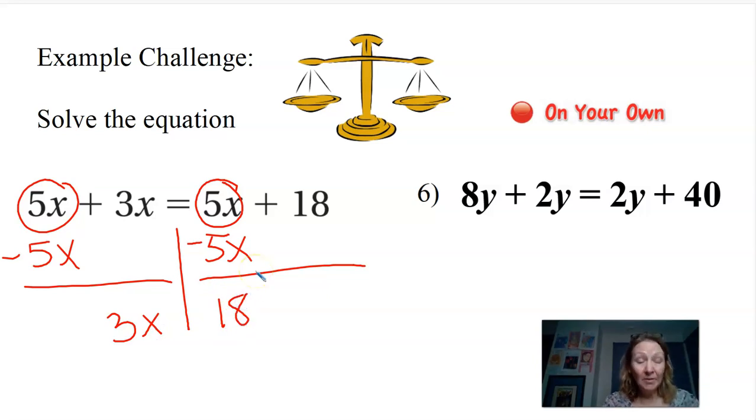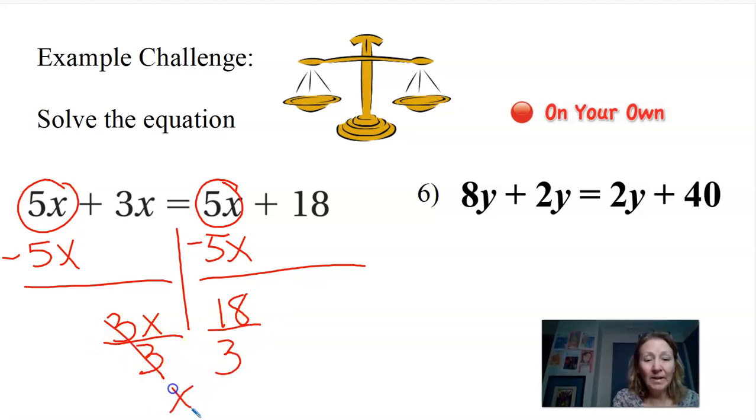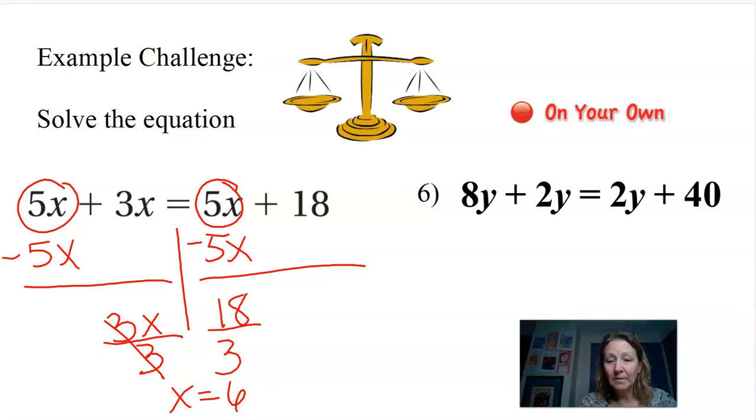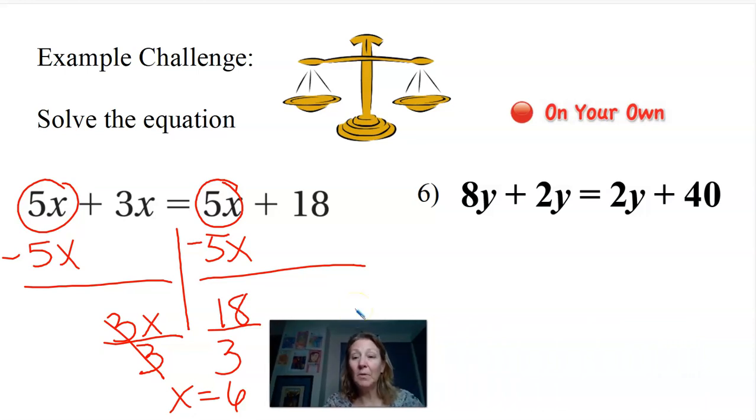Now you have had all this practice on today's lesson notes in solving problems like this, where there's only one variable on one side, and if 3x equals 18, if I divide by 3, then I know that x equals 6. So try this last one on your own and see what you get for y.